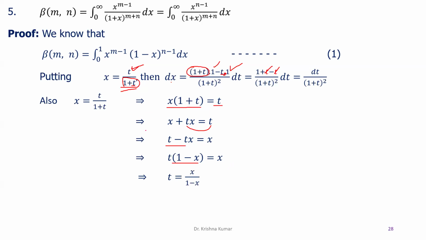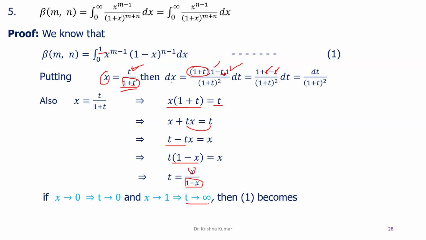Now, if we put x equal to 0, this is 0 upon 1, which gives us 0. Similarly, if we put x equal to 1, then 1-1 means 0, and something upon 0 is infinity. So if x tends to 0, t tends to 0, and if x tends to 1, then t tends to infinity.